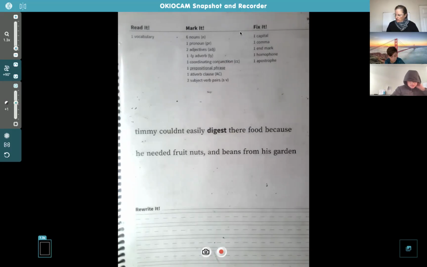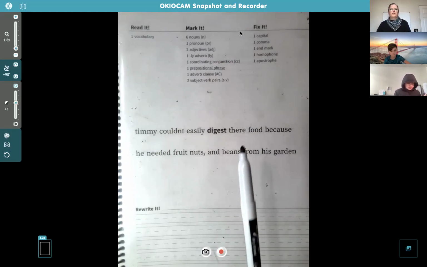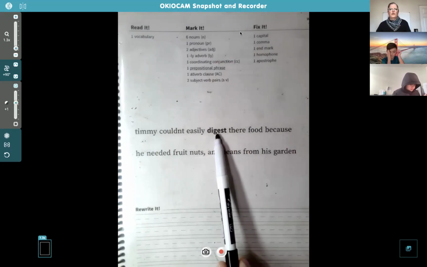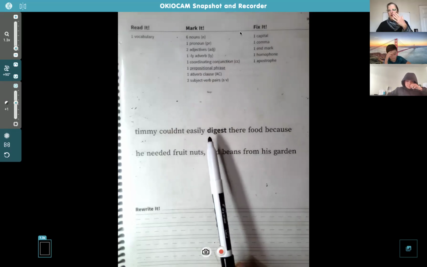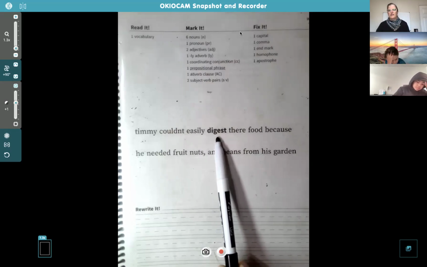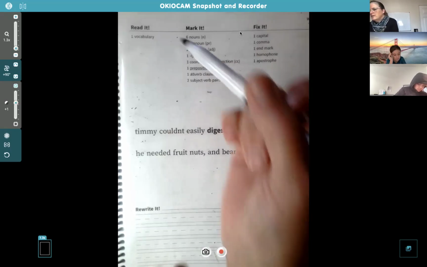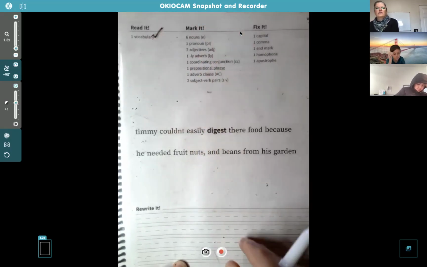Timmy couldn't easily digest their food because he needed fruit, nuts, and beans from his garden. Okay, good. So we're talking about those mice, remember? So we have the vocabulary word digest. You probably know that one. That's when you eat and your body processes everything inside. That's digest in your stomach mainly.